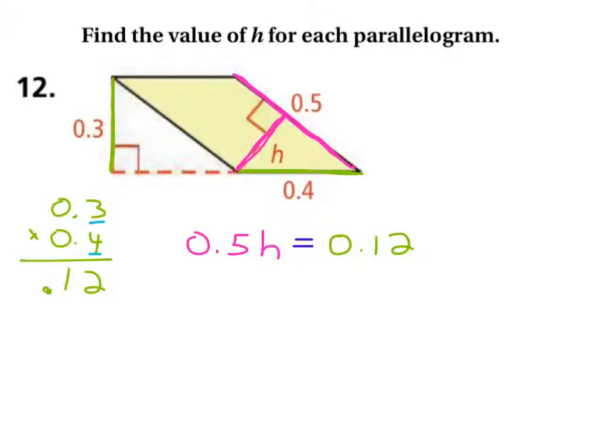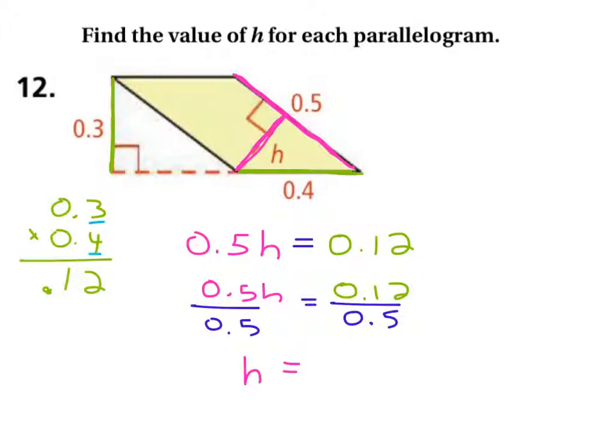We need to divide both sides by 0.5, whatever's in front of h. Okay? So we say 0.5h divided by 0.5 equals 0.12 divided by 0.5. And then we get h, the height, is equal to 0.12 divided by 0.5.